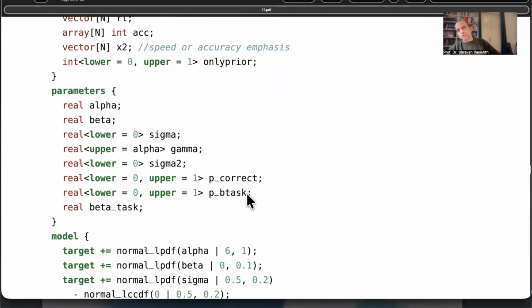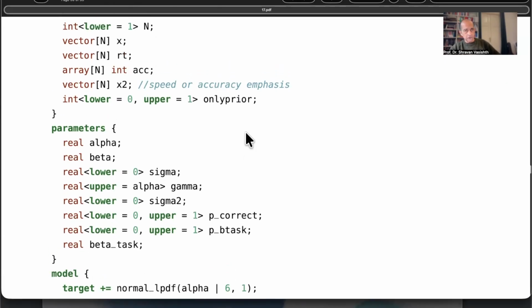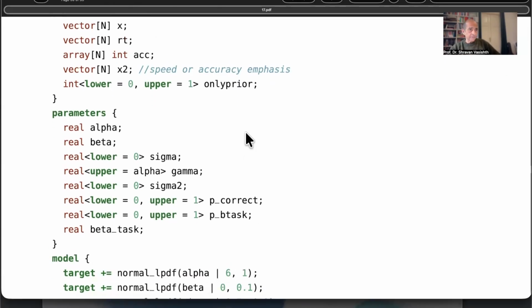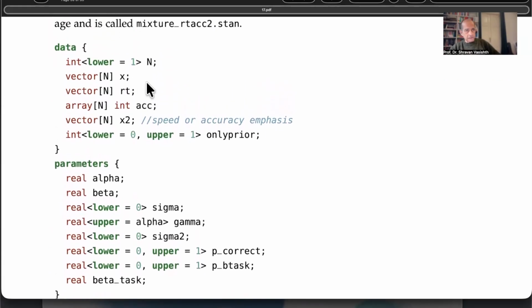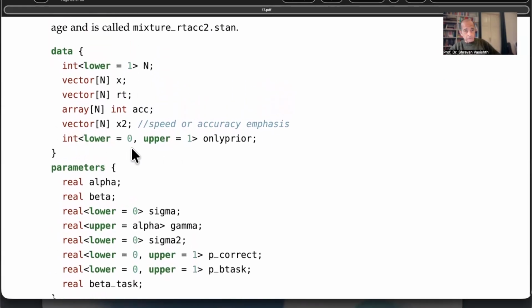You can just search for only prior in the online textbook, and you'll see how we use it if you've forgotten. But you'll see the code in a moment. So this is the information that goes into the data block. It will be just one number, 0 or 1, that will go into the list containing the data that is fed into the Stan code.